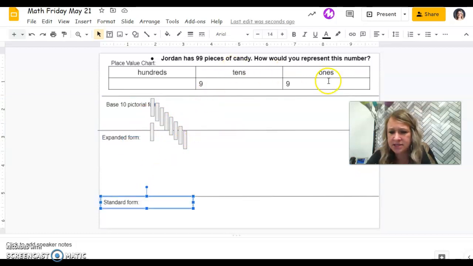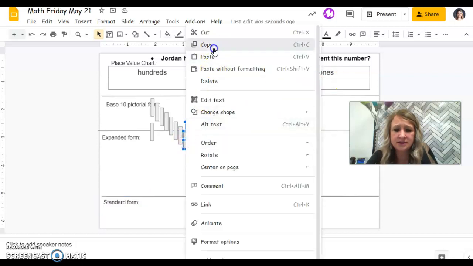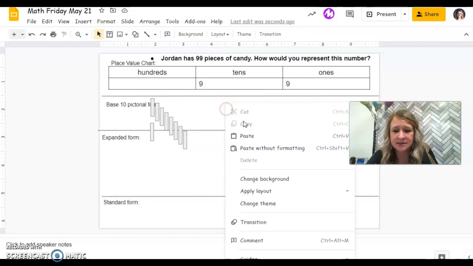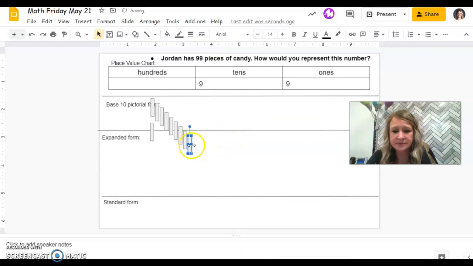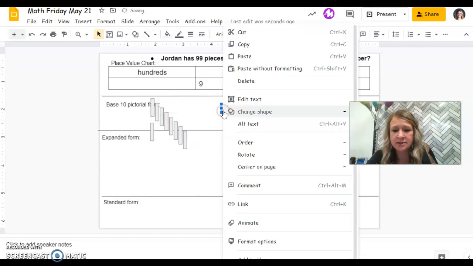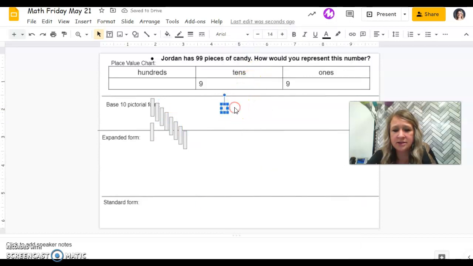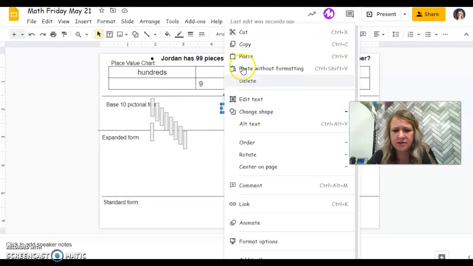Now, how many ones do I need? Also 9. Okay, we're going to move him here and make him smaller because he's a small 1. Help me count. Don't forget, I need help counting.